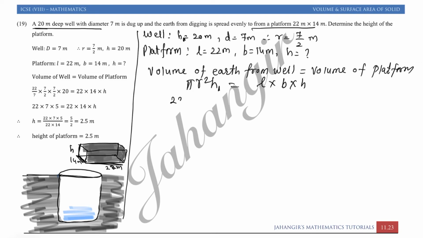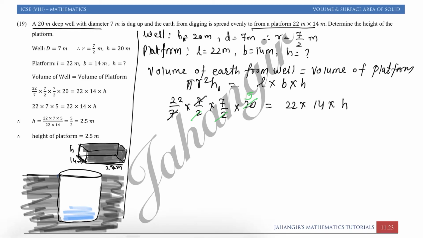So we can write 22 by 7 into r, which is 7 by 2, into 7 by 2, into h1, the height of the well, is equal to the length 22 meter of the platform, breadth 14 meter, and height we have to find. Let us cancel the 7s, 2 2s are 4, 4 5s are 20.